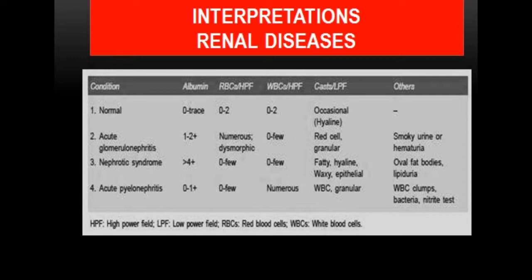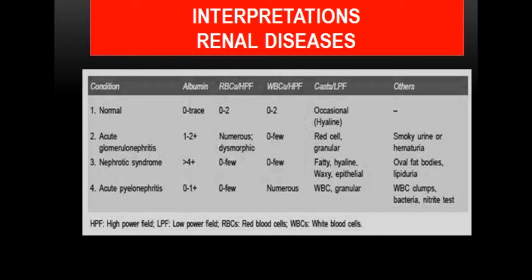The glomerulus is intact, and WBCs are few as there is no infection. In nephrotic syndrome, several casts are formed, which are fatty casts, waxy casts, and epithelial casts. As fats are also present in nephrotic syndrome, there will be oval fat bodies and lipiduria, that is the presence of lipids in the urine.